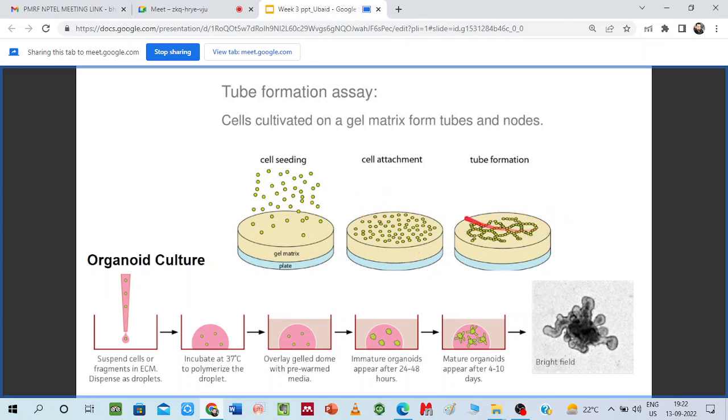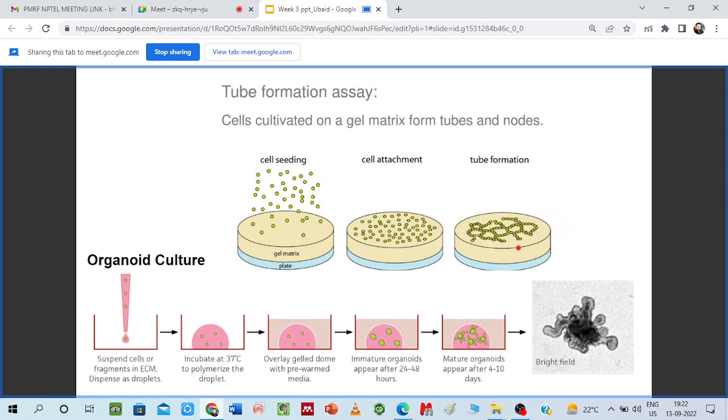But if we provide some factors like vascular endothelial growth factor, or some novel drugs which have the property to increase angiogenesis, to increase new blood vessel formation, then when these molecules are added in the matrigel, tube formation occurs like this.